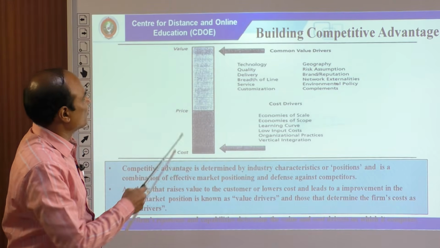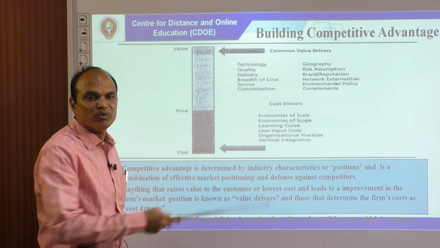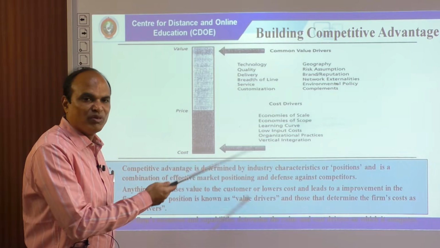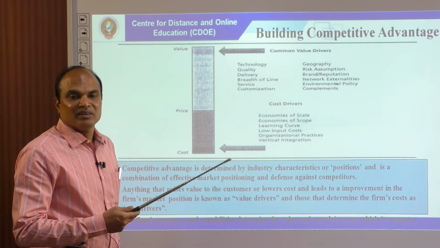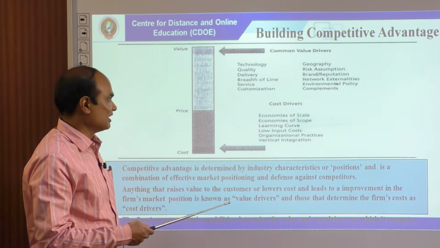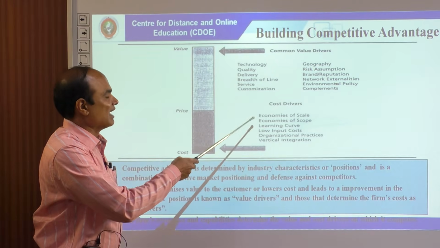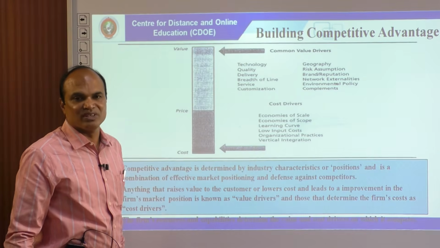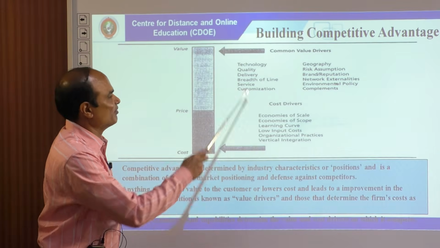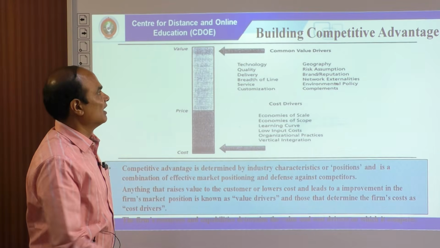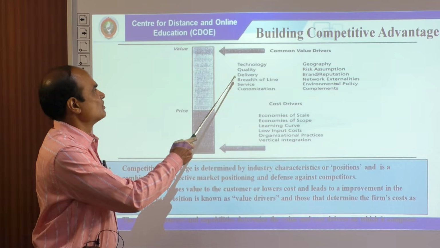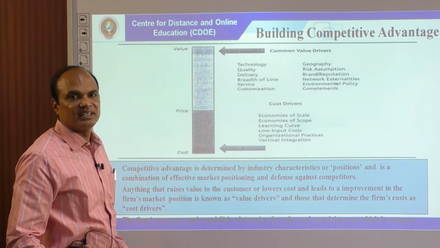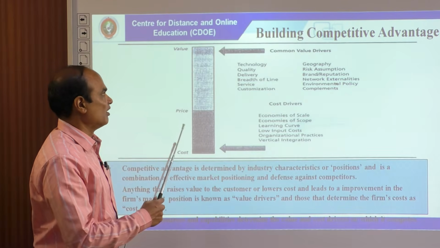What are the common value drivers? Whether it is a mobile phone, cars or aircraft, where there is huge competition, these value drivers and cost drivers would vary, but more or less they remain the same as far as the common things are concerned. To start with, what is the technology that a firm is offering?